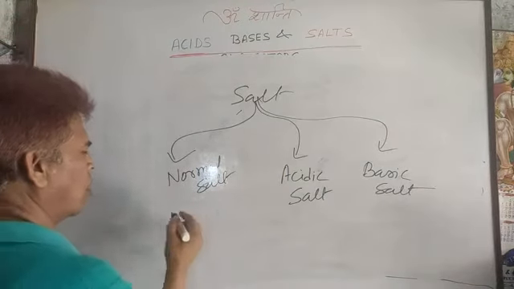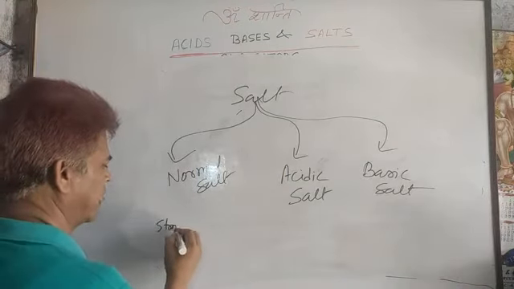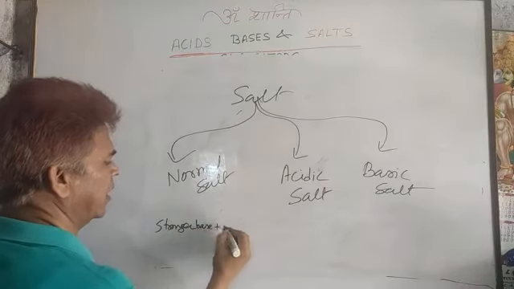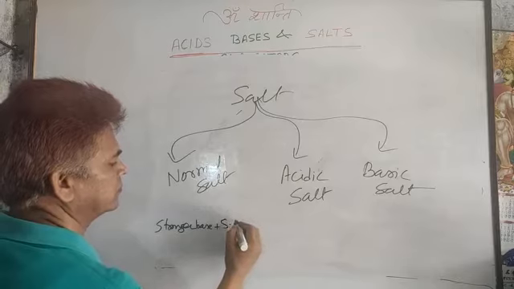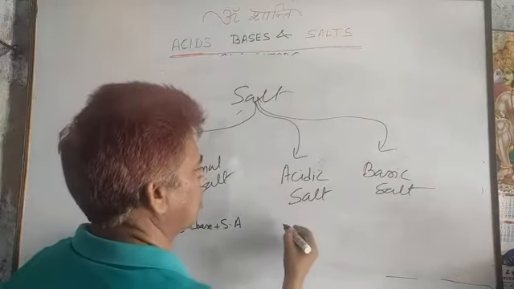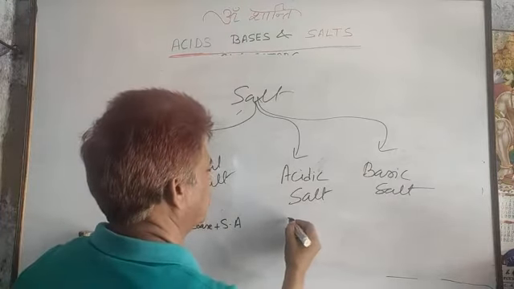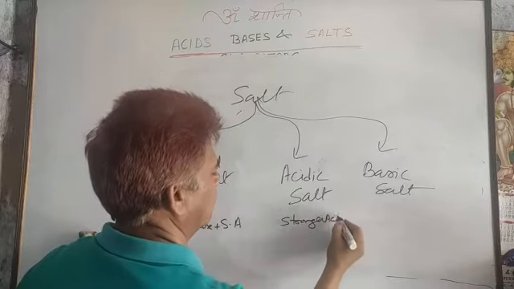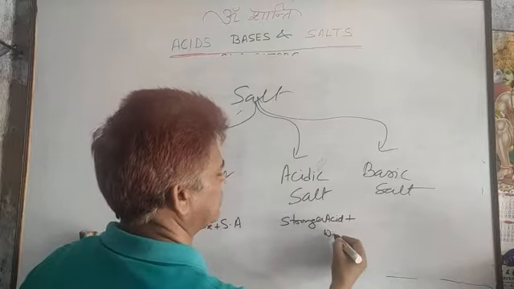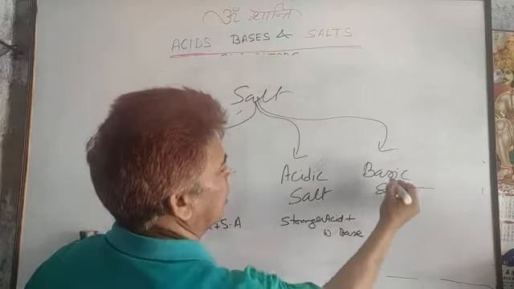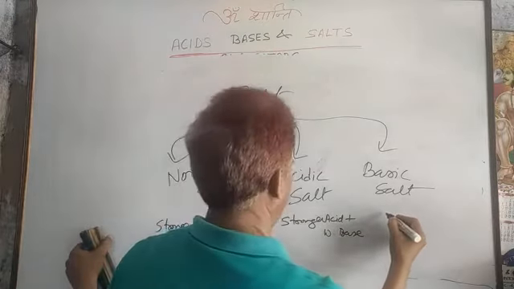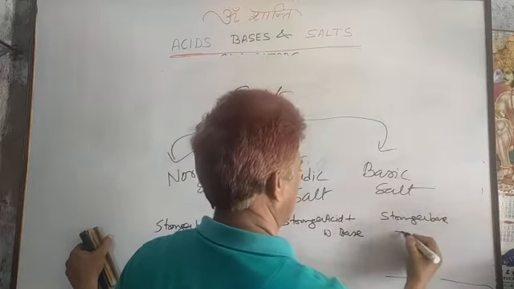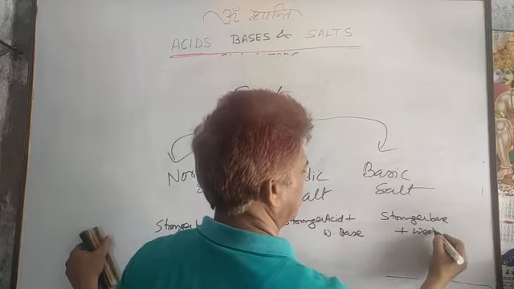So, normal salt is always obtained from a stronger base, you must recall it, a stronger base and a stronger acid, and acidic salt is always obtained from a stronger acid and weaker base. Basic salt is always obtained by combination of a stronger base and weaker acid.